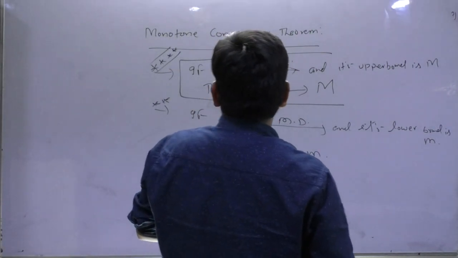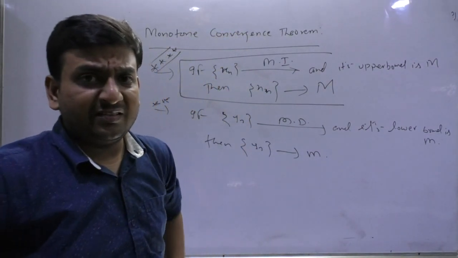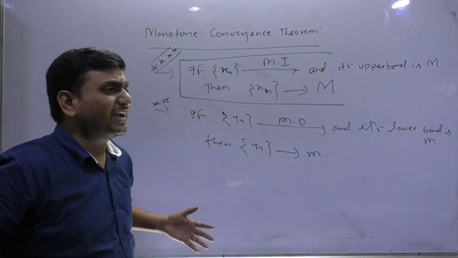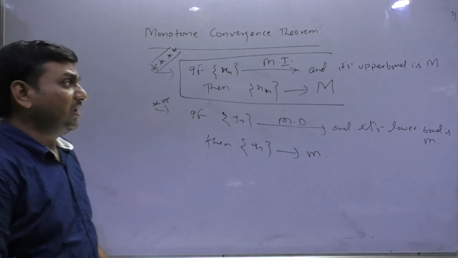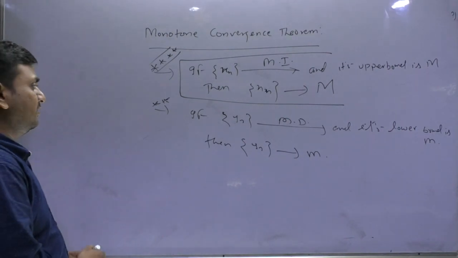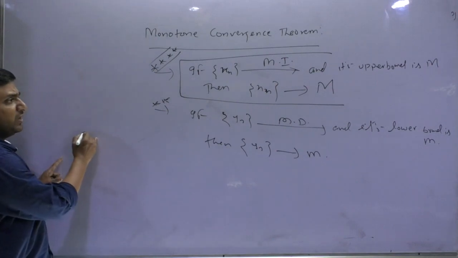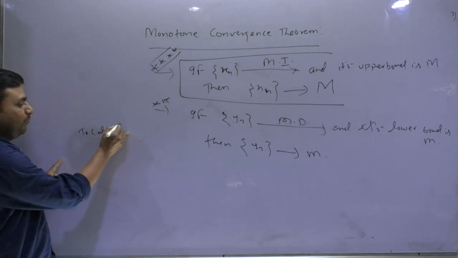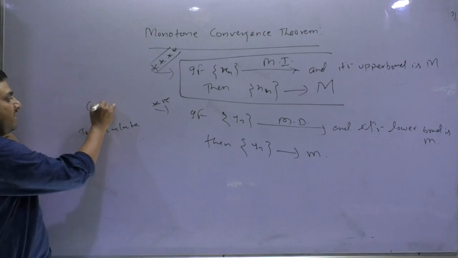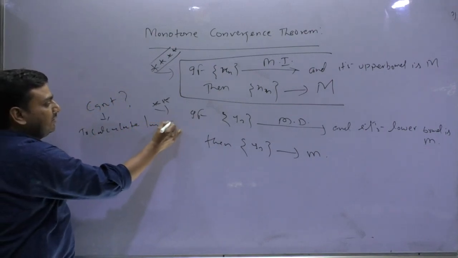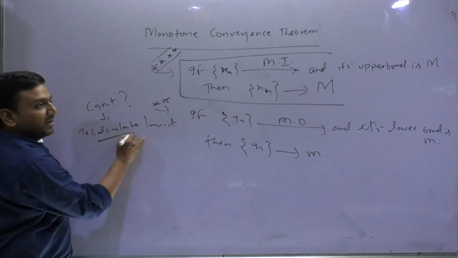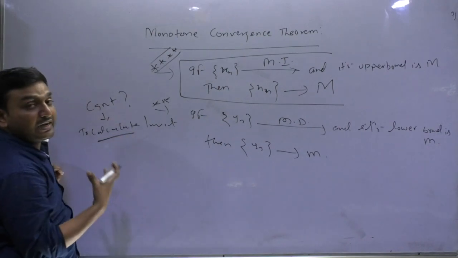So why is it of so much importance? Why am I again and again saying monotone convergence is very important for you? Because in the previous part we have seen that to check the convergence, what we need? Calculate the limit. Okay. Calculating the limit may be a tedious process.